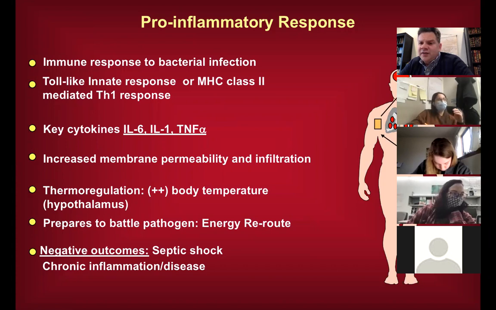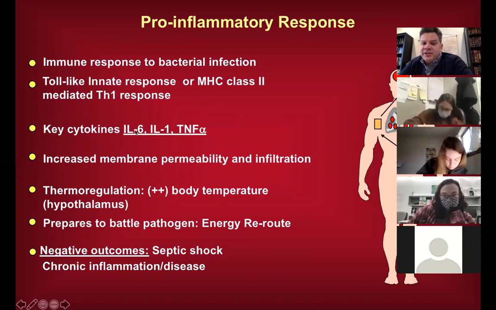Both of those are going to drive pro-inflammatory responses that involve key cytokines, the same cytokines that we've talked about throughout the class: IL-6, IL-1, and TNF alpha. These things in general are going to increase membrane permeability and infiltration. One of the things that they can do is increase body temperature, and the reason that we increase body temperature is to slow down the growth of pathogens. And we do see a ton of change in metabolism and energy balance.